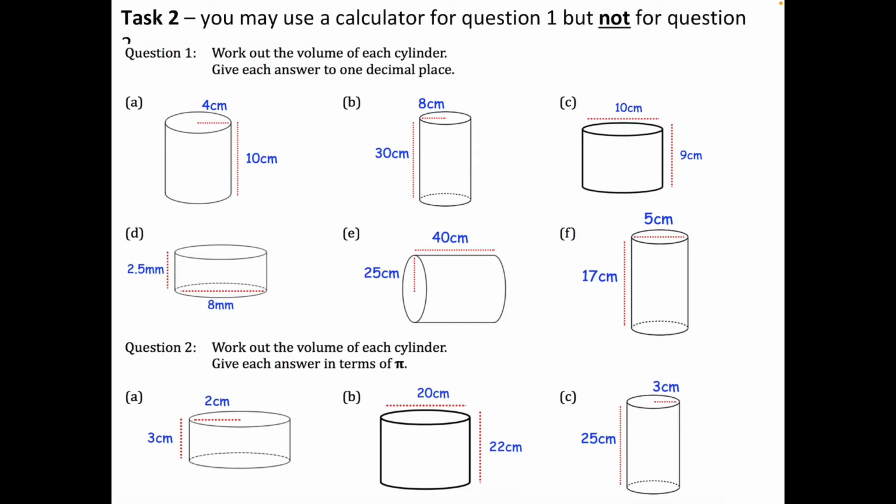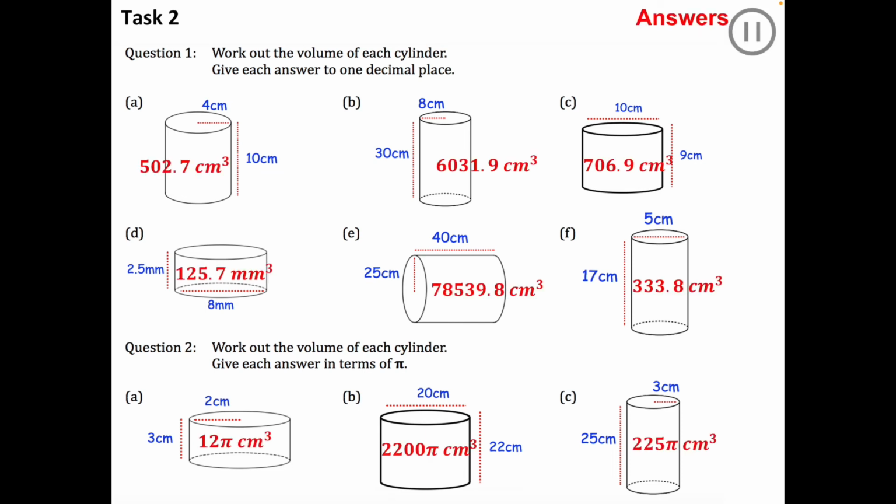Okay, for this task we're working at the volume of the cylinder. For the first question you need to give it to 1 decimal place, and for the second question in terms of pi. Please mark your work.